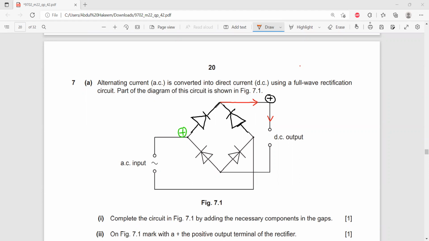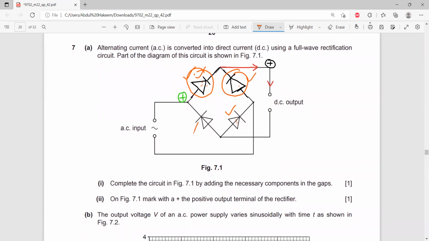Here is a gap, here's a gap, and we have to draw this one and this one. Do remember, the direction of the two opposite diodes must be similar. This is drawn already, so we have to draw this one with the same direction. And here, this is drawn, so the opposite one is the same. This is the point to remember: two opposite diodes will be of the same direction, same polarity.